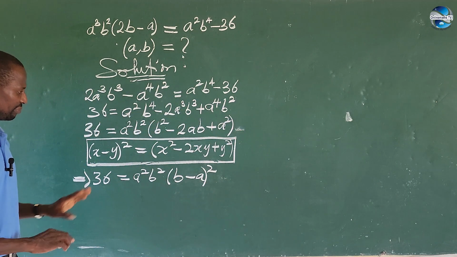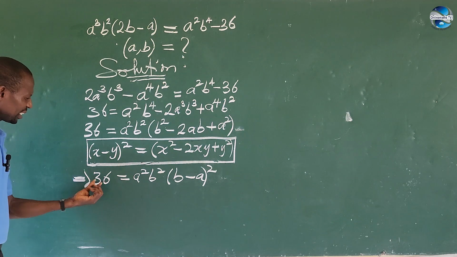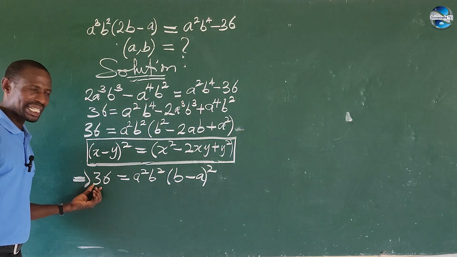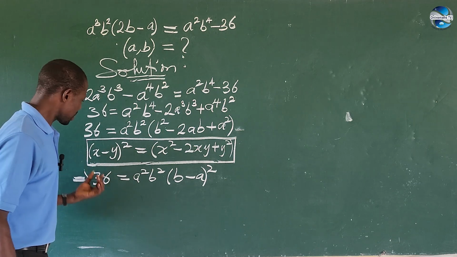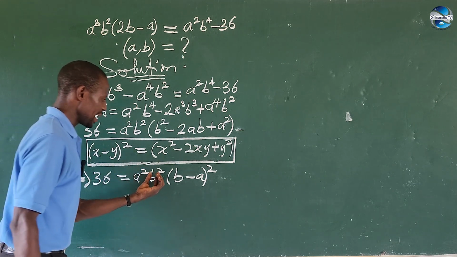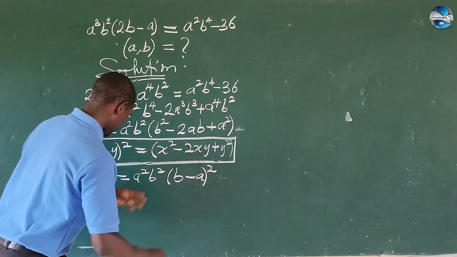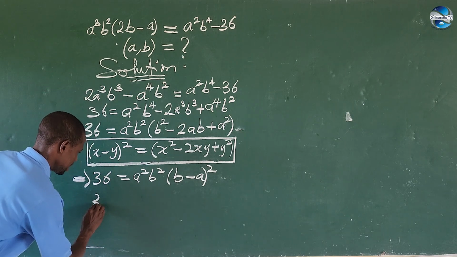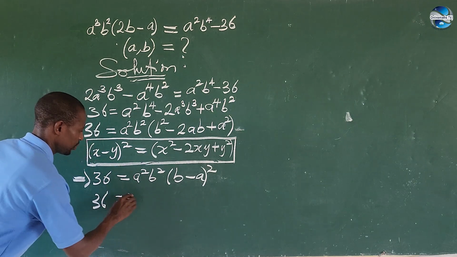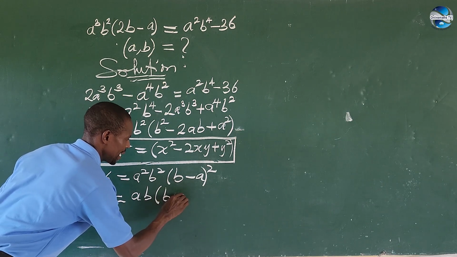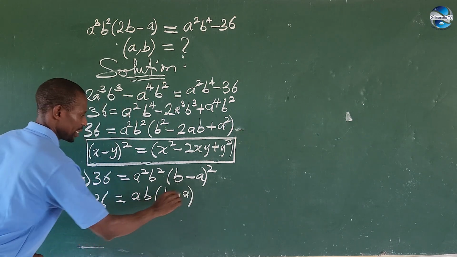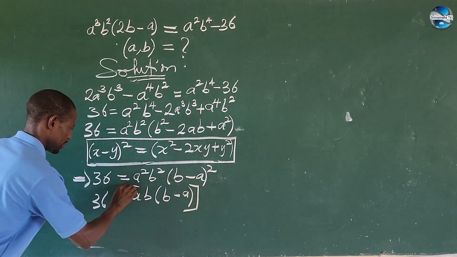Any complaint? If you look at the right-hand side of the expression, this is a perfect square. So if we rewrite this, it gives us 36 is equal to ab, bracket b minus a close bracket, all squared.